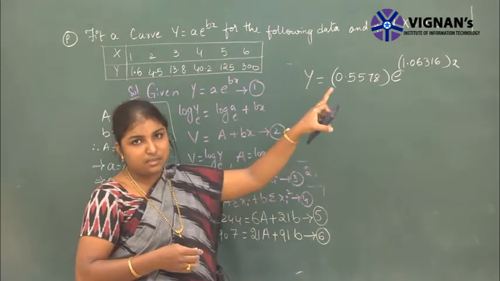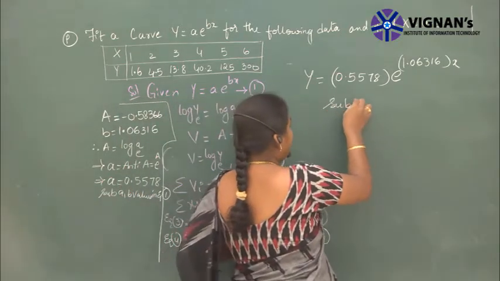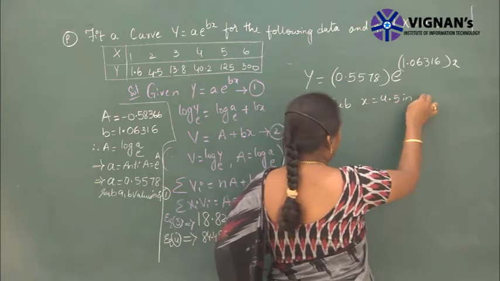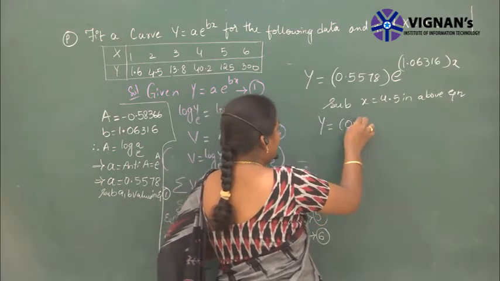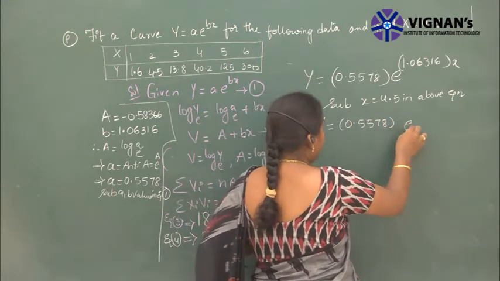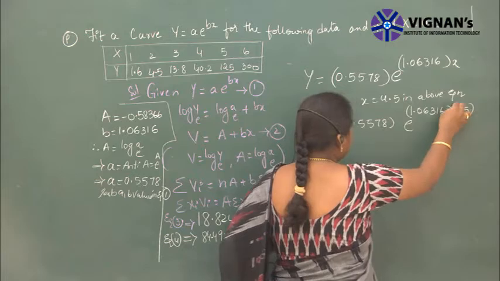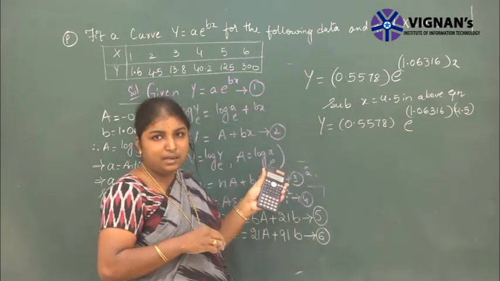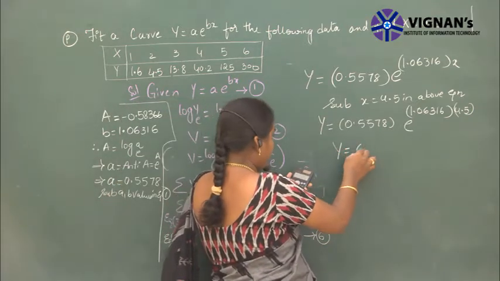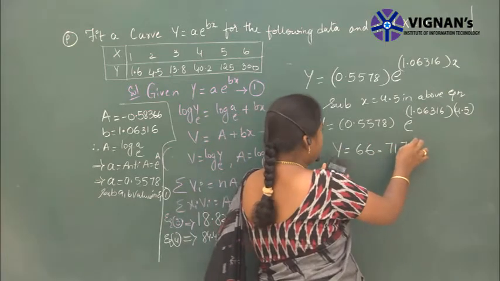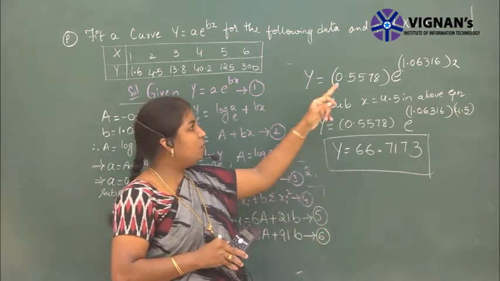But in our question they are asking to find the value at x equal to 4.5 also. That means substitute x equal to 4.5 in the above equation, we get y is equal to 0.5578 e power 1.06316 into 4.5. We are simplifying this value using the calculator. We get y at 4.5 value equal to 66.7173. So this is the y value at x is equal to 4.5.